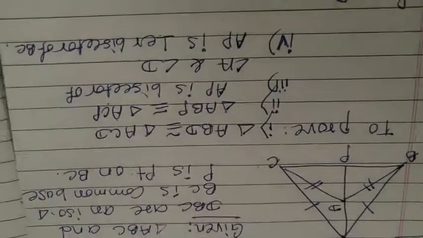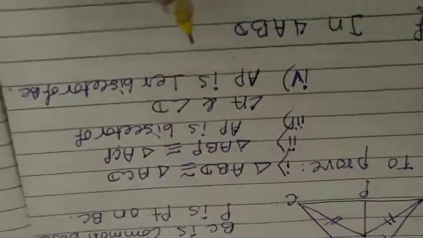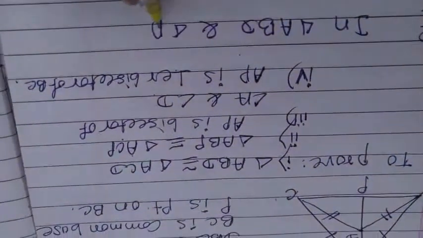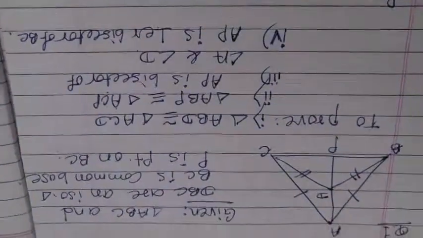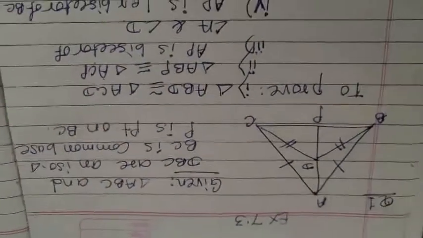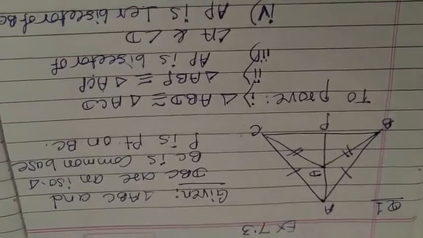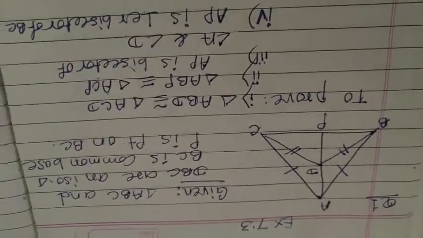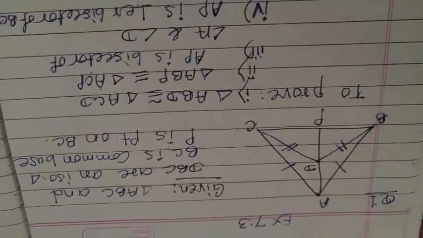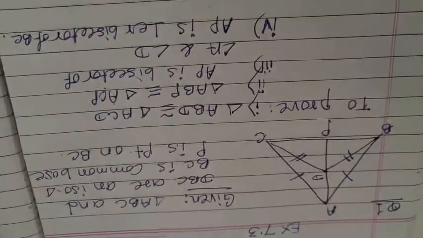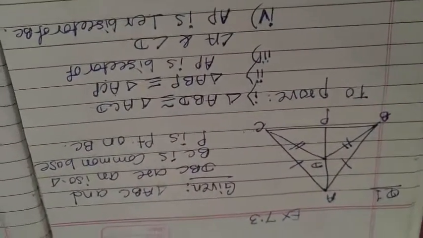In triangle ABD and triangle ACD, find out three equal parts. AB is equal to AC, it is given. Also BD is equal to DC, it is also given.